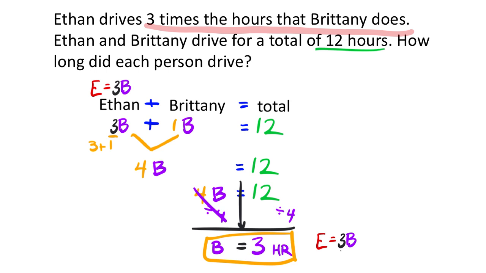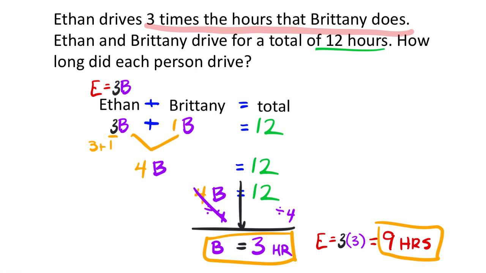So we're going to take that b, and we're going to replace it with a 3. I'll try to color code it so that we know it's not the same as that black 3 right there. But 3 times 3 is 9. So then we can see that Ethan appears to have driven 9 hours.